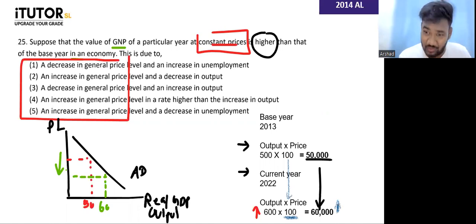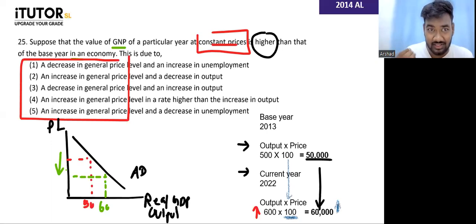I remember when I was doing A-levels in 2017, I also did the 2014 past paper, and I was thinking, if they are saying constant prices, how are they saying the price is decreasing or increasing? Price has to be constant because you're calculating GDP at constant price.